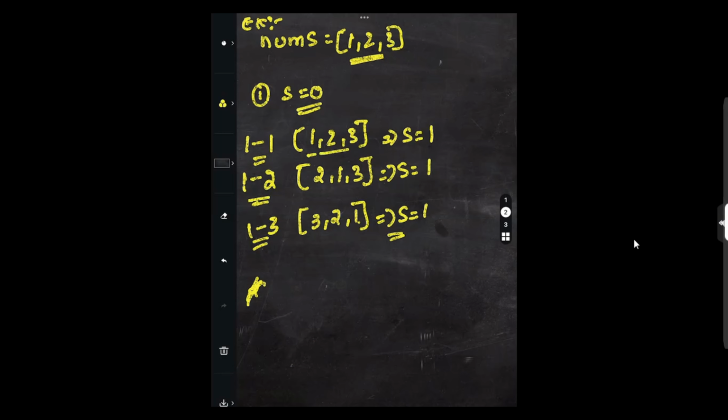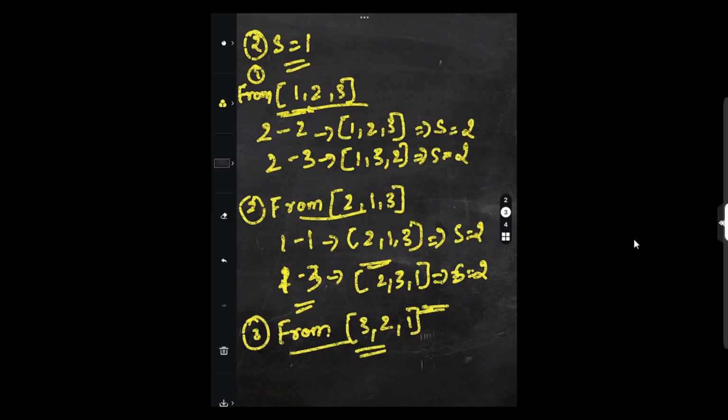In the previous step we got the same thing: when we considered s equals 0 and moved to s equals 1, we are considering this one now. Sorry, I got confused here. From 1, 2, 3, from 2, 1, 3, and this one from 3, 2, 1 we have to consider now.